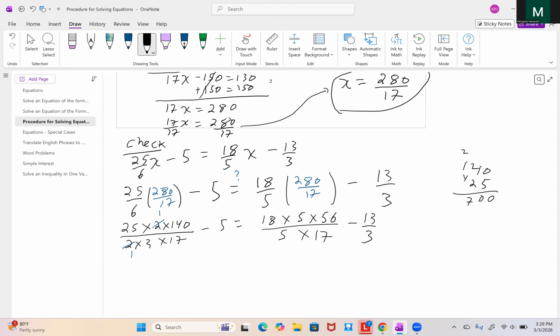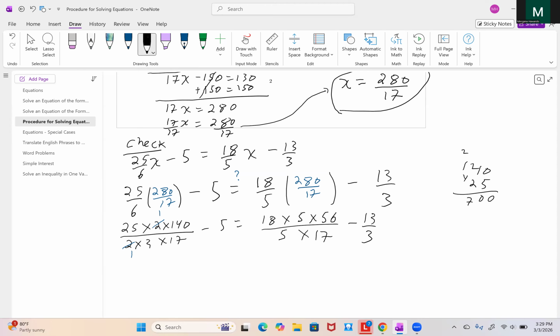So let's complete this. 3,500 minus 255. Subtract 10 minus 5 is 5, 9 minus 5 is 4, 4 minus 2 is 2, and 3,245. So this is 3,245 over 51 equal to, we are saying, subtract 3,024 minus 221.